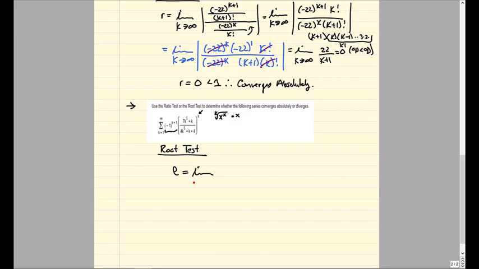And this would be equal to the limit as k approaches infinity of the kth root of the absolute value of all of this. Now, because it's the absolute value, I could just ignore this negative 1 to the k plus 1 and all that because it's going to cancel, but I'll just put it into this first one so you realize kind of what's happening with that. And this is raised to the k power.